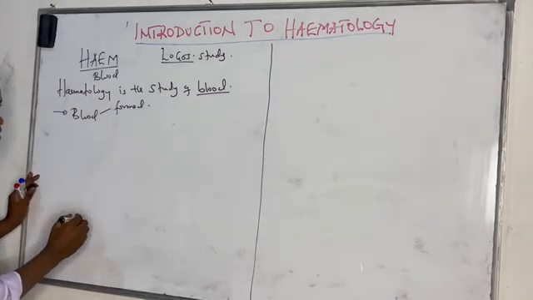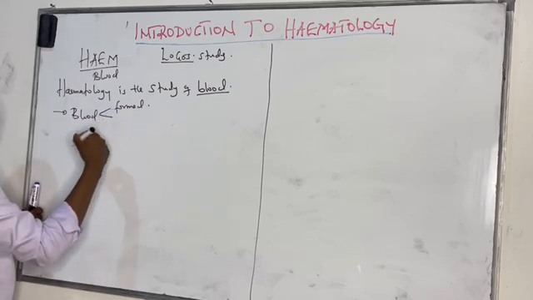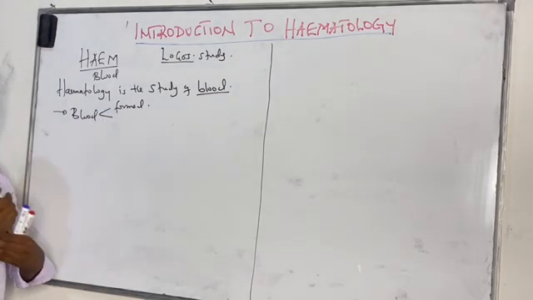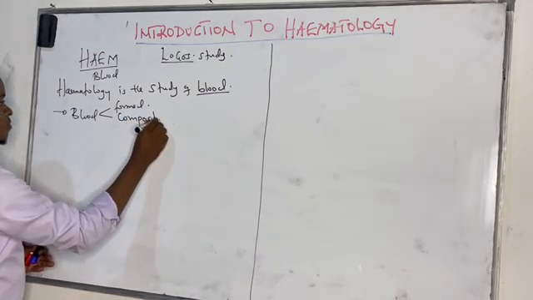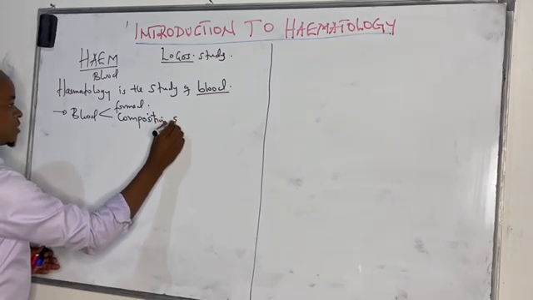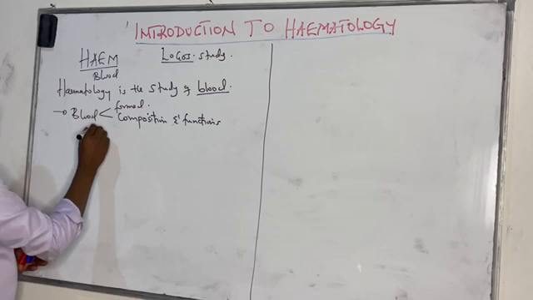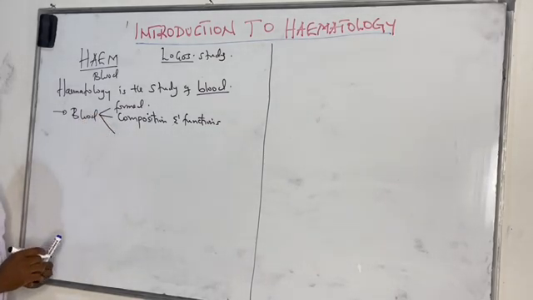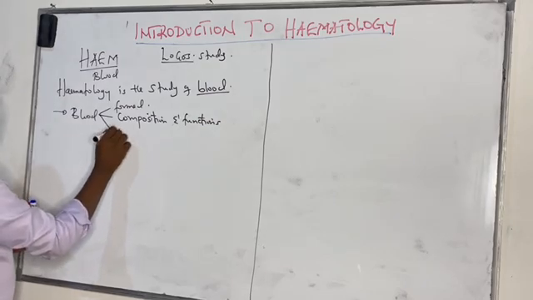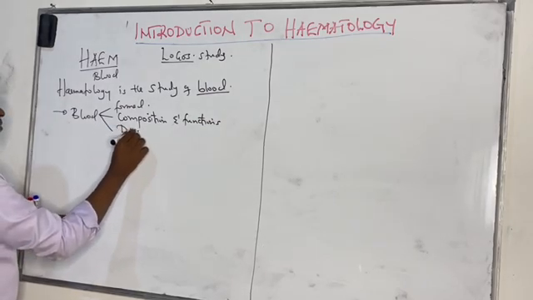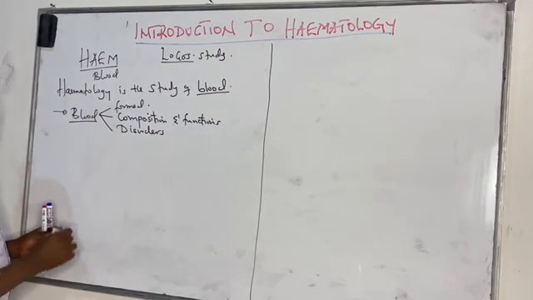After knowing how it is formed, we shall need to know what is in the blood, the composition and functions of blood. And after knowing the composition, we shall still need to know the disorders. So this is what entails in blood.